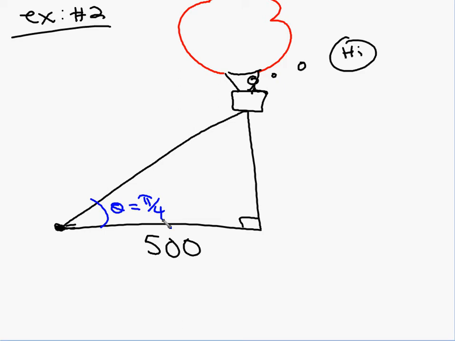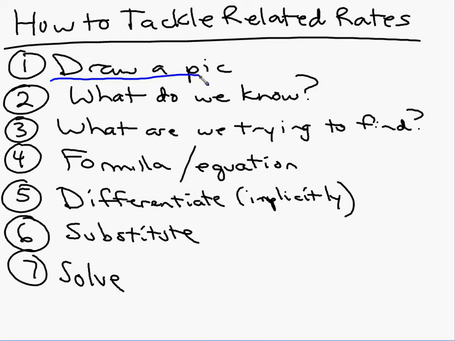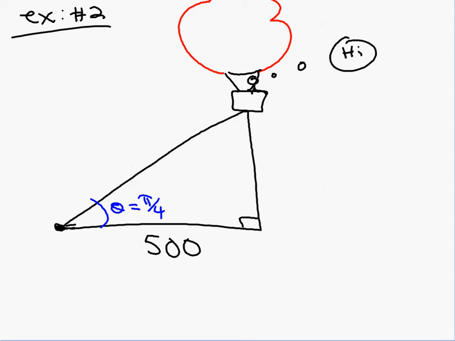At that moment, the angle is increasing at the rate of 0.14 radians per minute. What do you think that is? Remember, we've drawn a picture, now we're asking what do we know? So if it's telling me that the angle is increasing at a rate, what is that? This is changing.